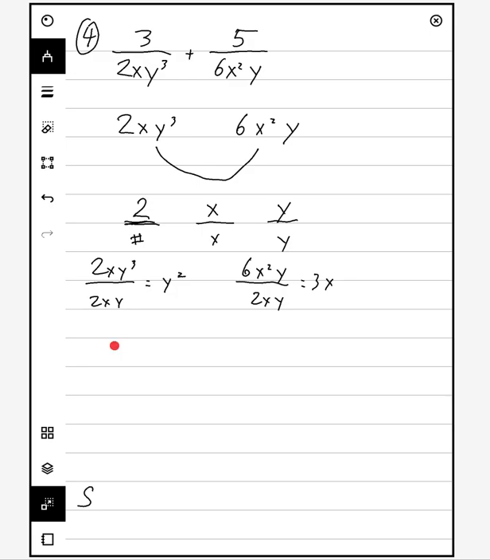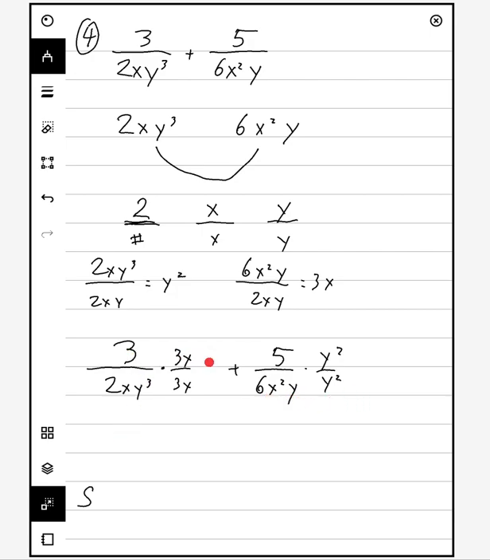So let's go back and rewrite the equation. 2xy cubed plus 5 over 6x squared y. And then this 3x, let's multiply it over here. And this y squared, let's multiply it over here. I'm going to do this times 3x over 3x and y squared over y squared. Once I do this, you're going to get the same denominator.